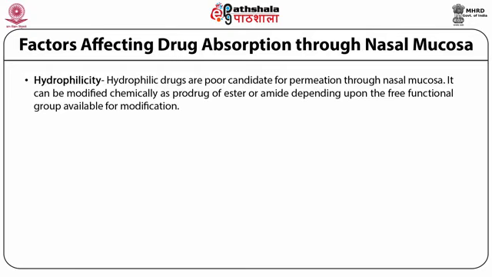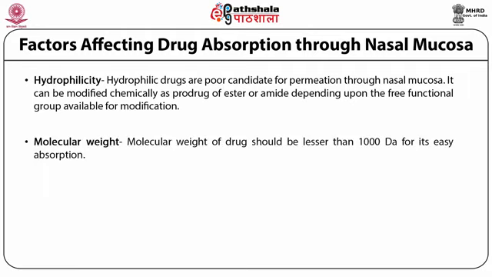Prodrug being lipophilic can then be available for absorption. Another way is to coat the drug with a lipophilic polymer like PLGA, or the drug can be delivered in the form of formulations such as liposome, nanoemulsion, or solid lipid nanoparticles.